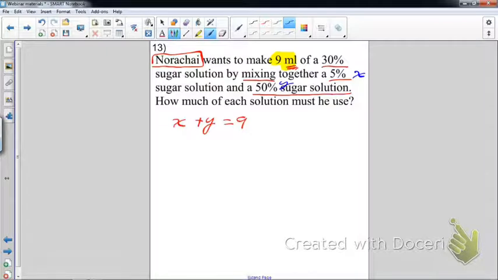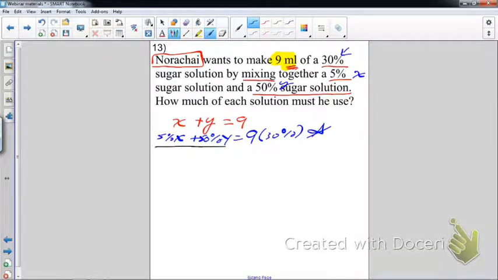So we will have 5% of the first solution plus 50% of the second solution, which will be a mixture of the total, but that is going to give us a 30% solution. That's the hardest one right here. I'll put a little star on it.